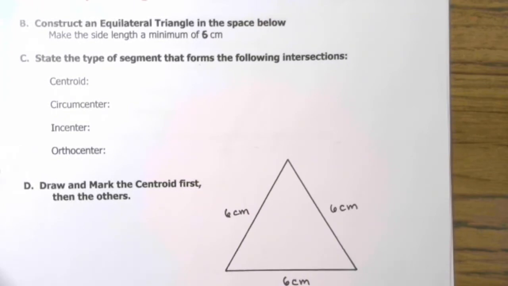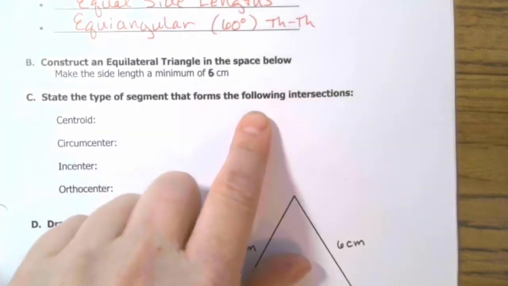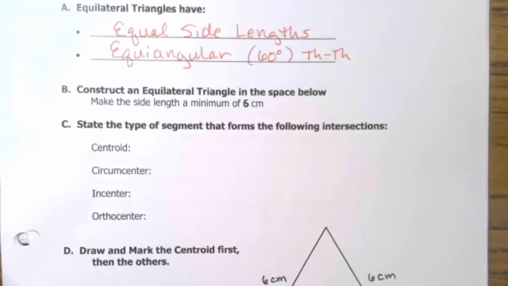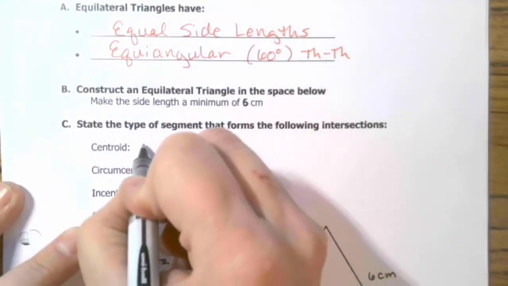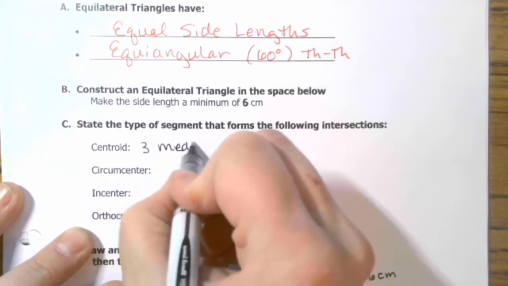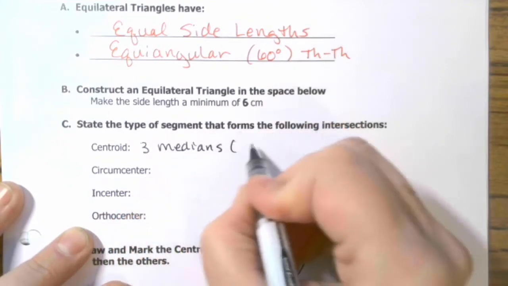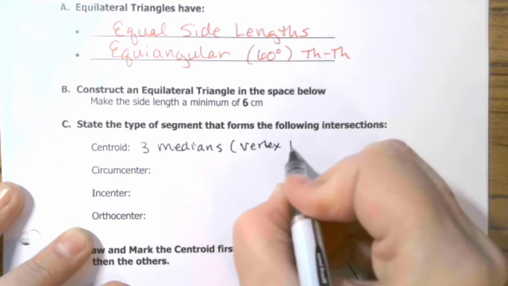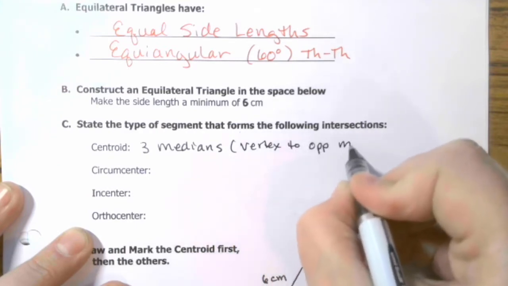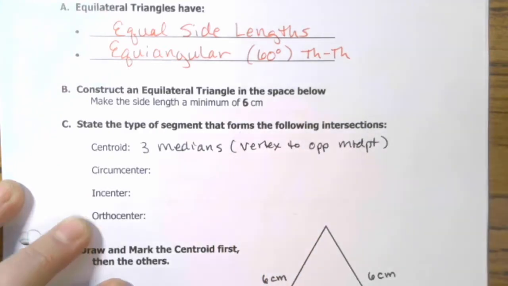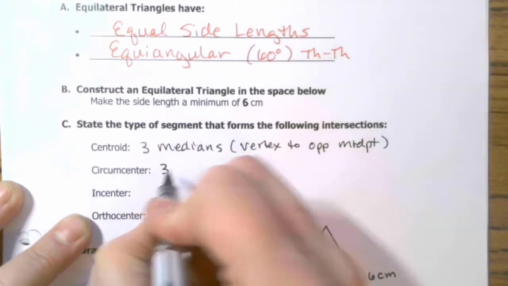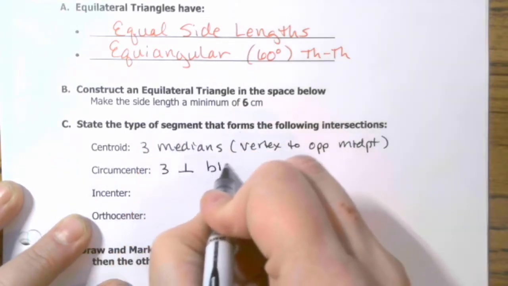And state the type of segment that forms the following intersections. This is a bit of a memory activity. So the centroid is made of 3 medians. And remember, a median is from a vertex to the opposite midpoint. Circumcenter is made from 3 perpendicular bisectors.